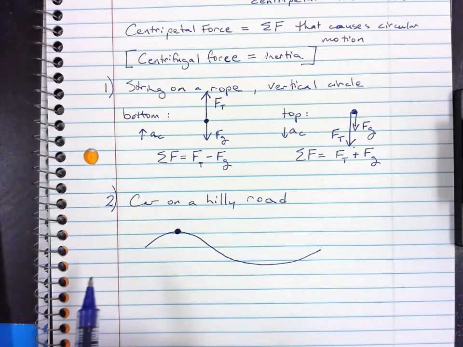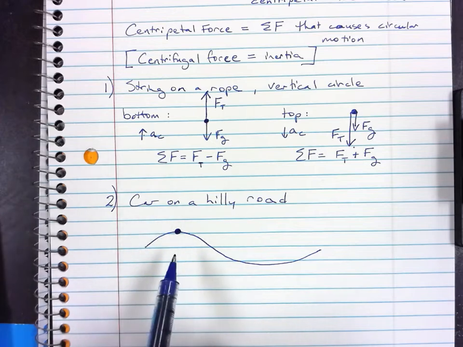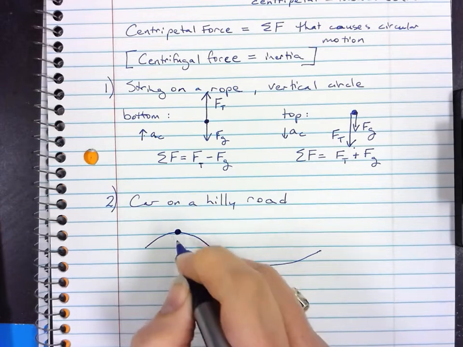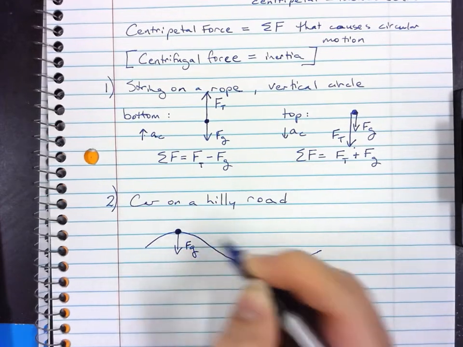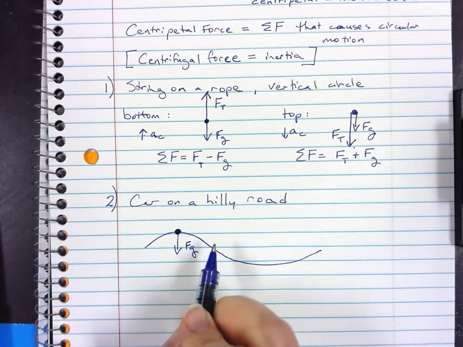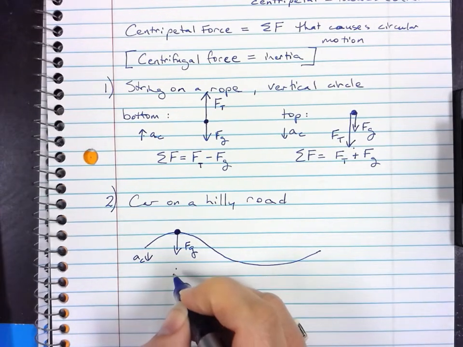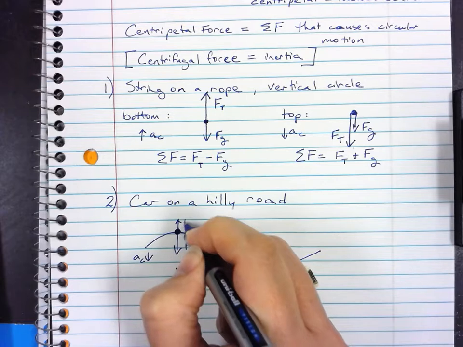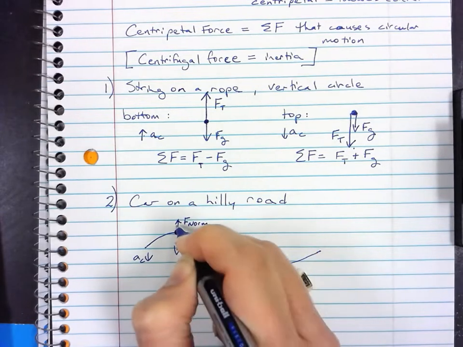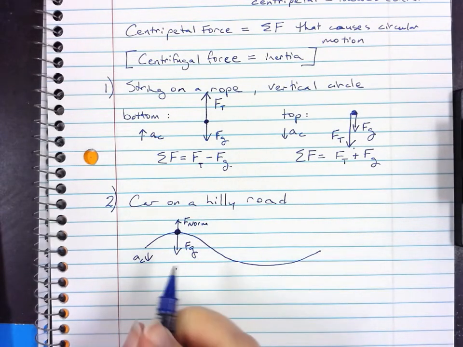Let's just go, okay, it's a roller coaster car on a hilly road. So the only thing going on is normal and gravity. Gravity is, of course, downward. This is the top of a circle. So the center of the circle is below it. Our acceleration is downward. So the normal force must be less than the force of gravity.